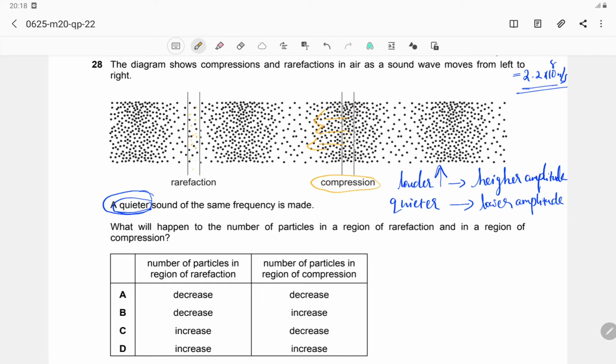So the particles in rarefaction will increase, and at the same time the particles in compression decrease, because the particles in compression represent the higher amplitude, which represents a louder voice, but here it is just the opposite, the voice is quieter. Hence the correct answer is option C. It says at rarefaction the particles are increasing and at compression the particles are decreasing.